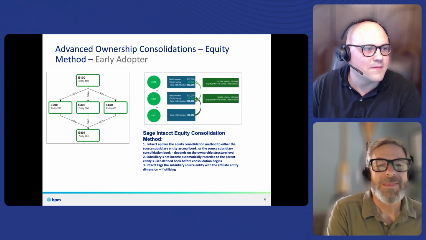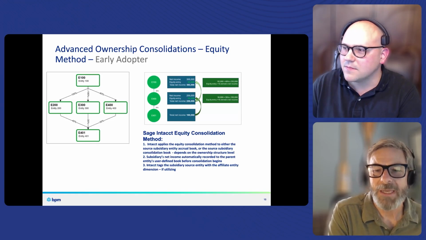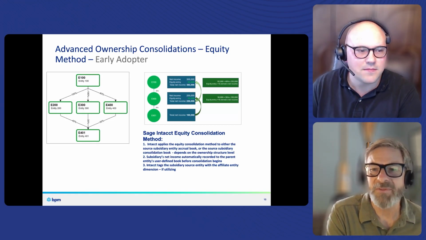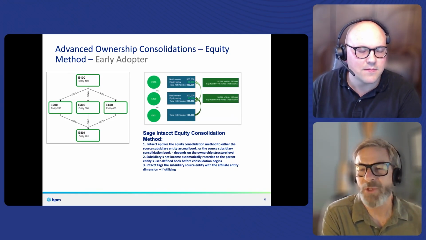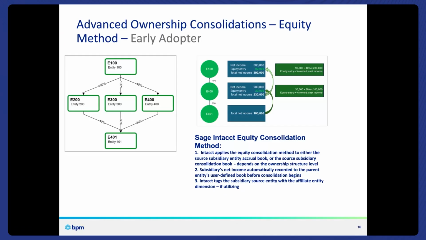Now, if you are running a multi-entity organization and you have different levels of ownership, whether that's joint ventures or minority interests, you may be using or want to use advanced ownership consolidations. In the past, you've been limited from that.